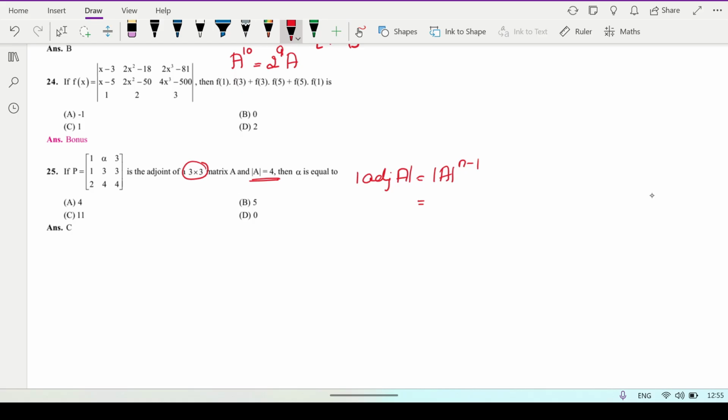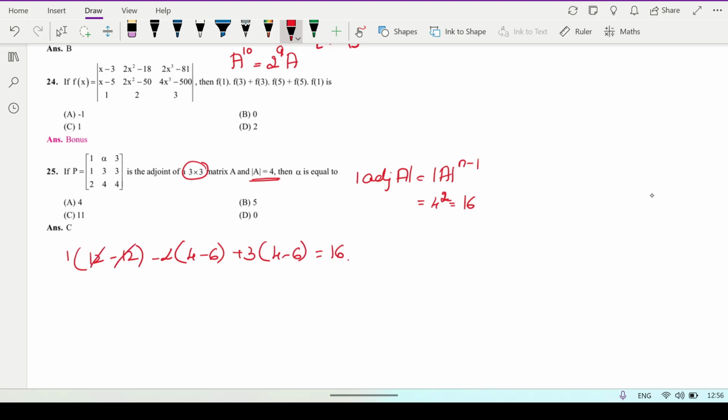Therefore, determinant of adjoint of A will be determinant of A whole square, which is nothing but 4 square, that is 16. Right? Now expand the determinant. The matrix is given, find the determinant of it. That is 1 into 12 minus 12, minus alpha into 4 minus 6, plus 3 into 4 minus 6, which is equal to 16, because determinant of adjoint of A is known.